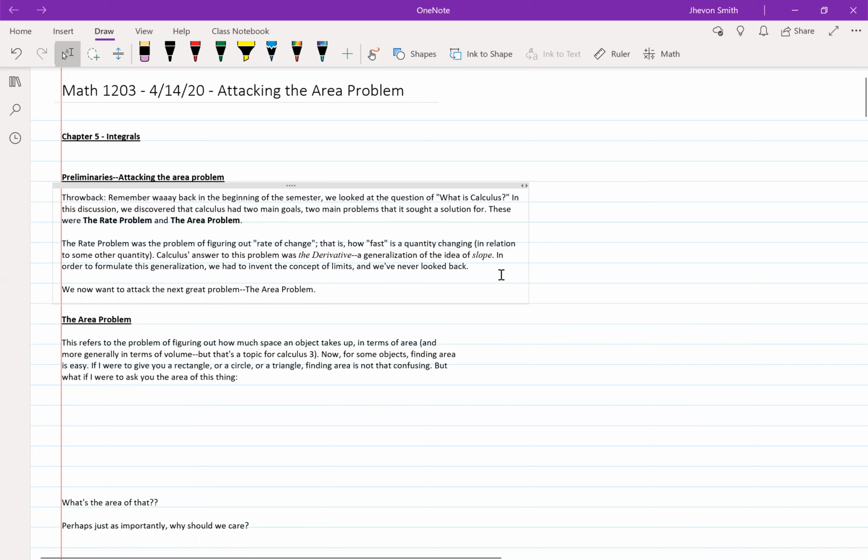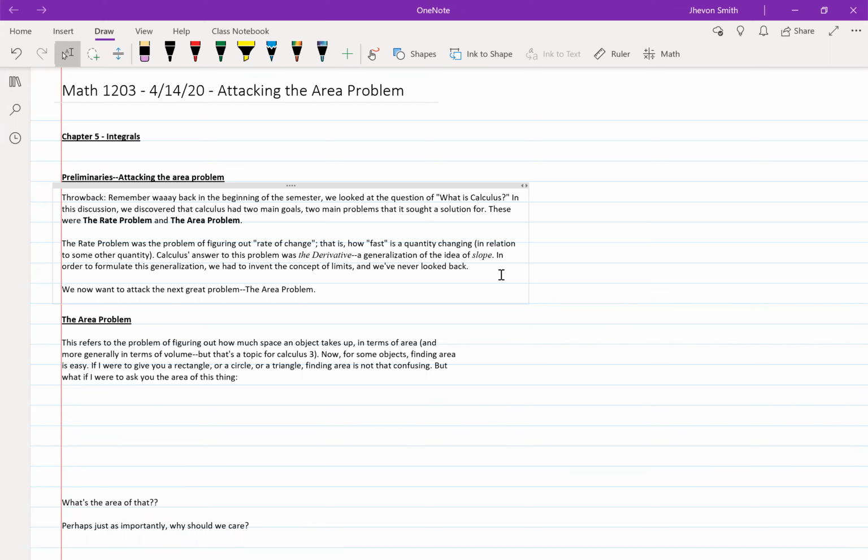But really for us, it's going to mean area. So when you start to talk about figuring out volumes and really being sophisticated with measuring that, you're really getting into the realm of Calc 3. We're in Calc 1, so we're going to keep it very basic. We're talking about how much space something is taking up in terms of area.